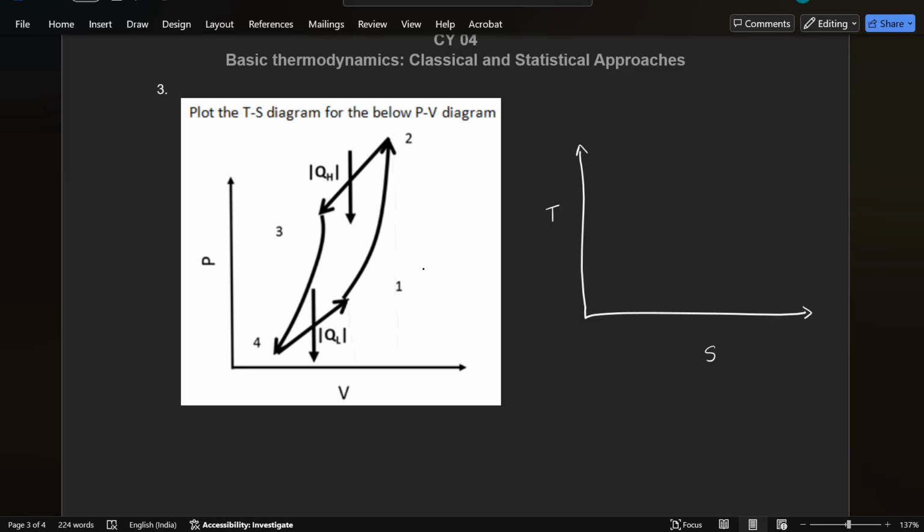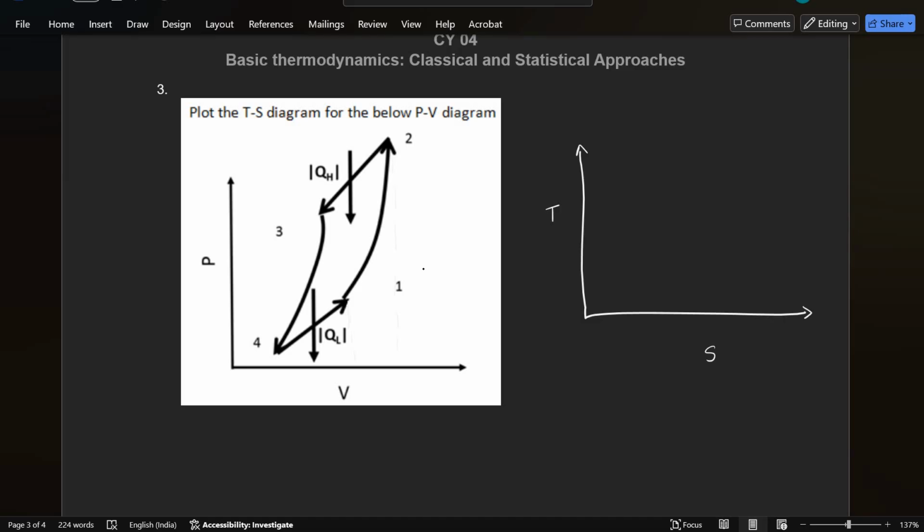Yeah. So QH is basically the heat that is coming into the system over here from a reservoir. So we have temperature reservoirs. So to maintain the temperature in an isothermal process, you need to put in some amount of heat. Okay, sir.